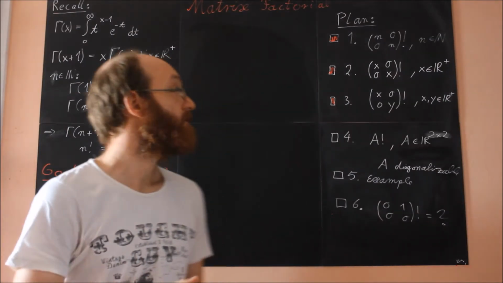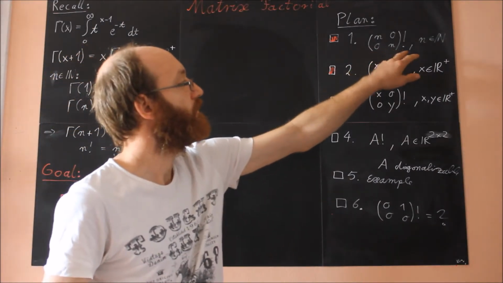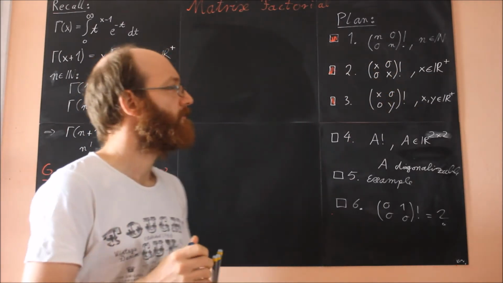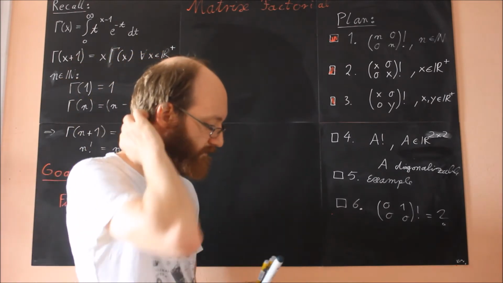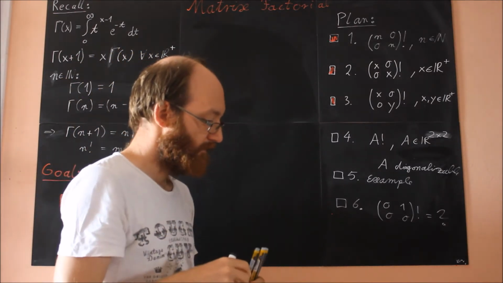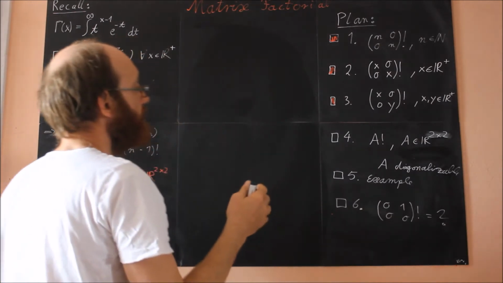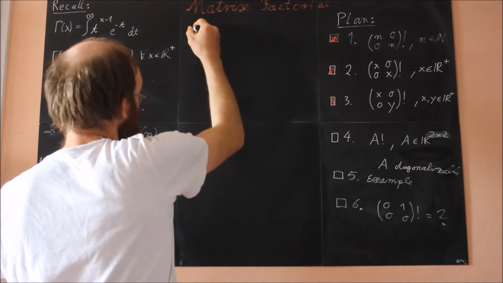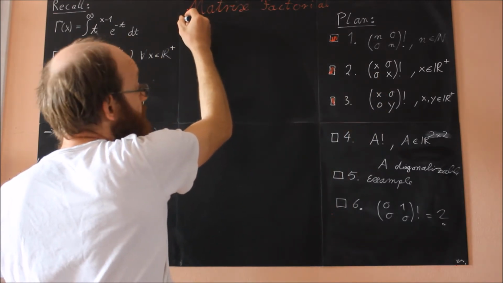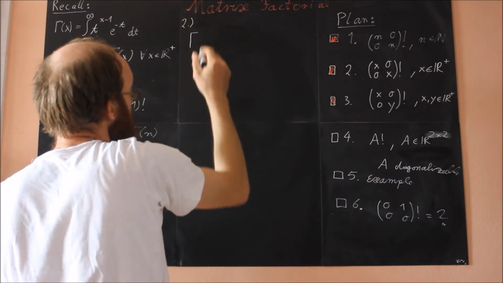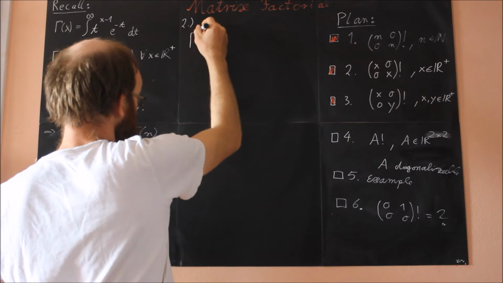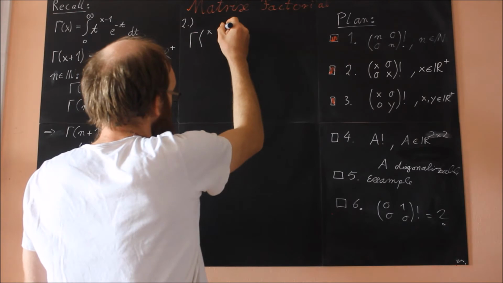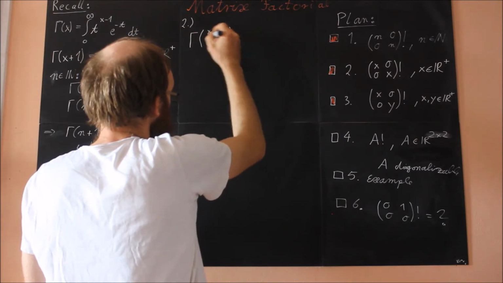On the last board we discussed that this is a fine definition, but I forgot to point out one thing: this is our goal for a diagonal matrix with real entries.